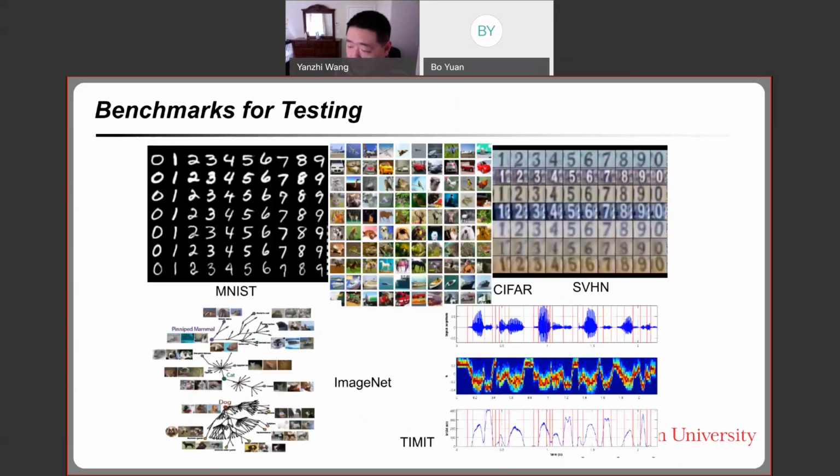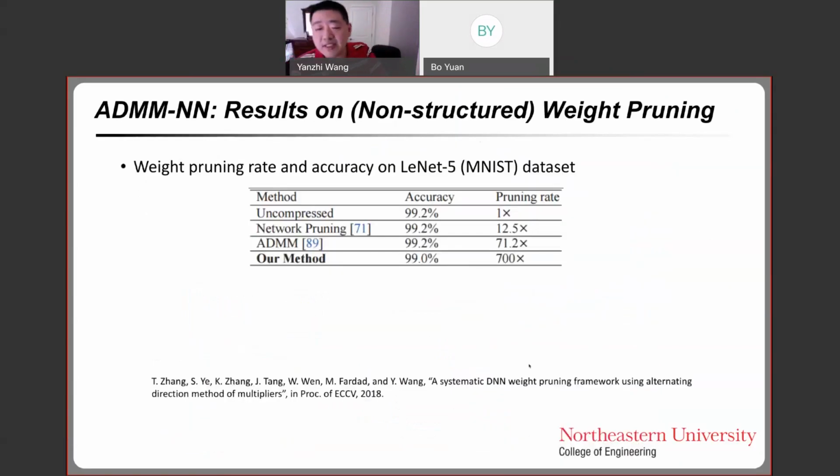So here is our benchmark for testing. Before going to more details, we start from the simplest benchmark, which is the MNIST dataset. For MNIST, we can reach 99% accuracy with 700 times pruning rate. It means that only 0.14% of the weights are non-zero, and all the remaining are 0.